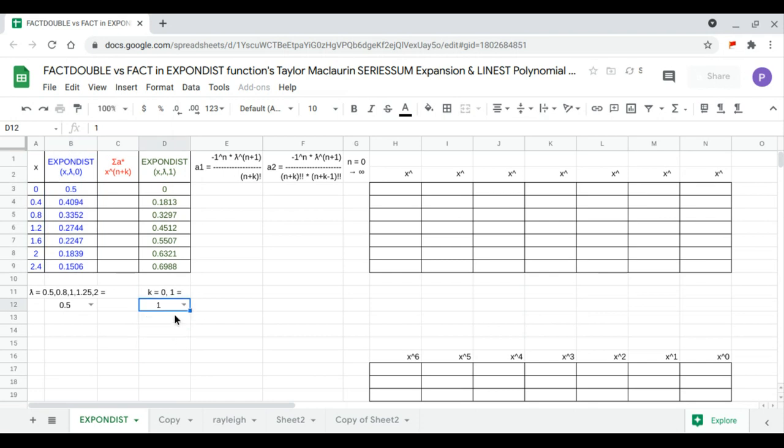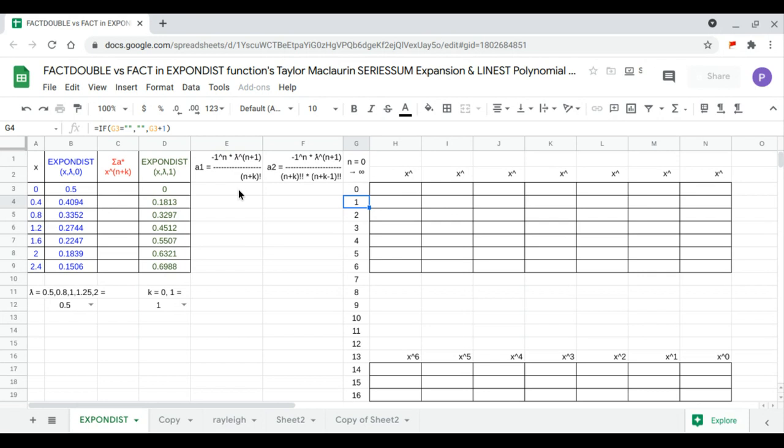If it is 1, it will be cumulative distribution function. And RA is the factorial form and the double factorial form. And the value of n will be from 0 to infinity. In this case, 16 is good enough.